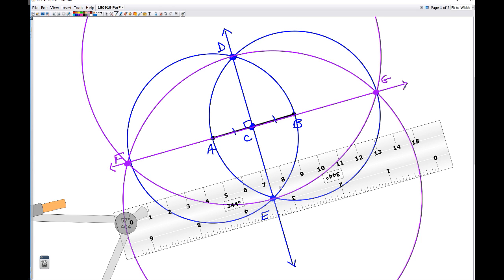So point C is the midpoint on both line segment DE and line segment AB. This one relationship exists between these two lines that we created here, and this is where we begin to see all of this stuff starting to tie together.